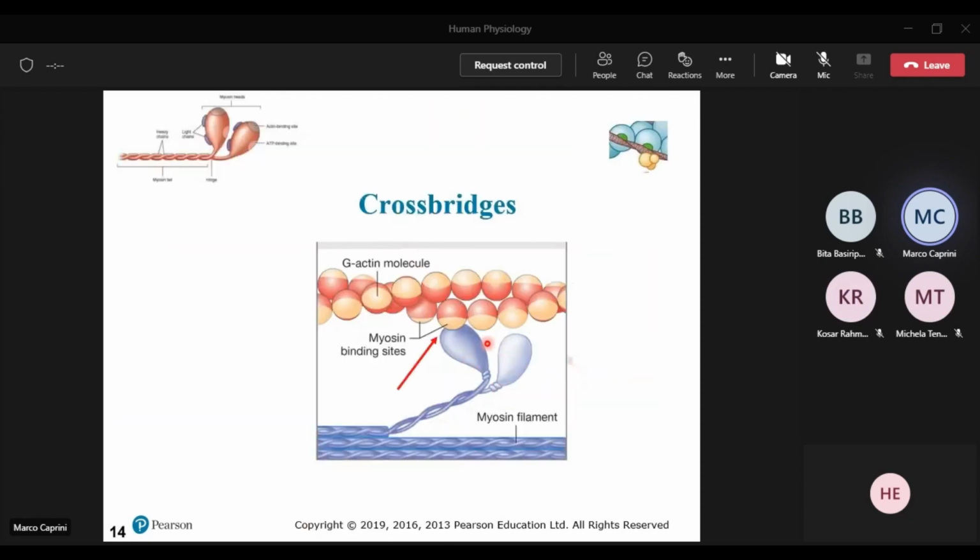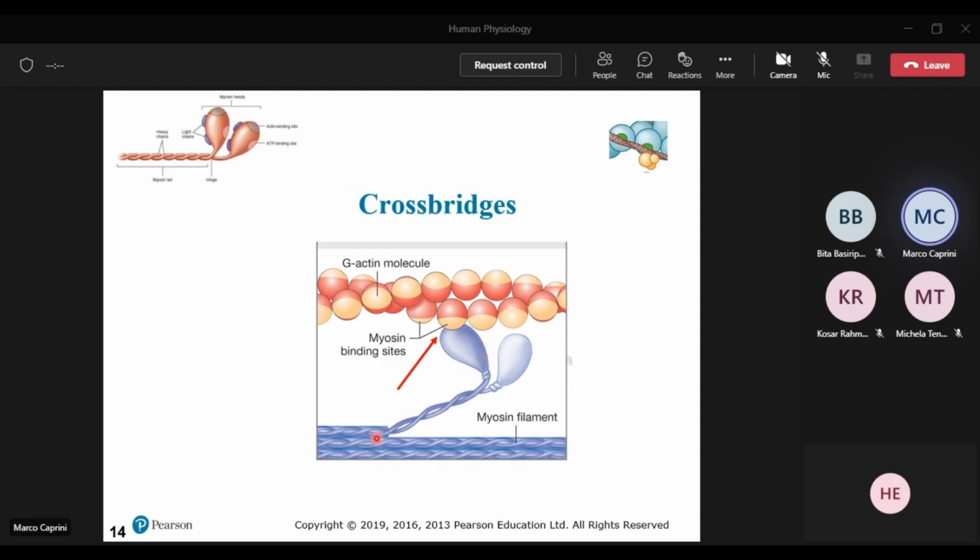The heads and the filaments are linked together with the actin molecules. And there is also here a region that we analyzed before, a hinge or zipper that gives the mobility to each head. This head can move in this way, because there is here a hinge, you can appreciate it here, that links the myosin tail to the heads.